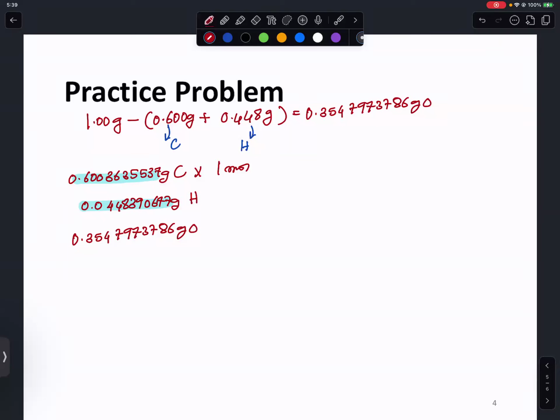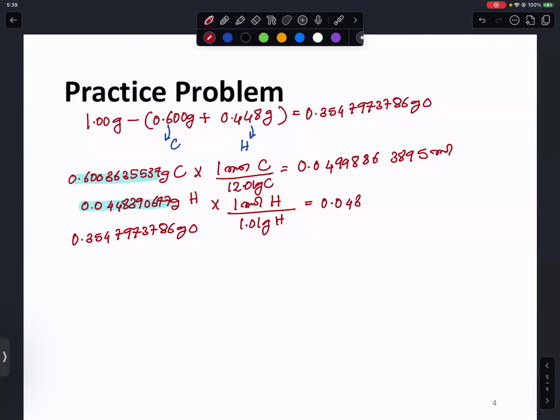So right here, I'll divide by the molar mass of carbon, and this gives me 0.04998 moles. Same thing for hydrogen, and this should give me 0.04395 moles.